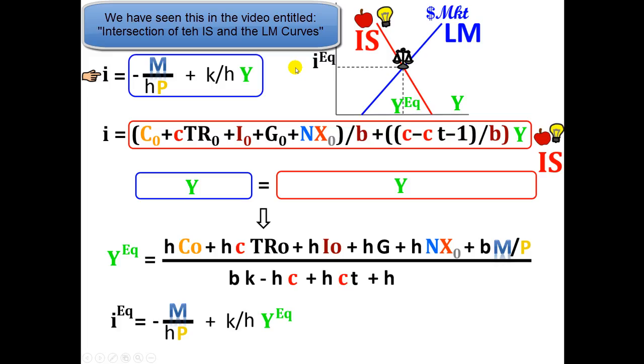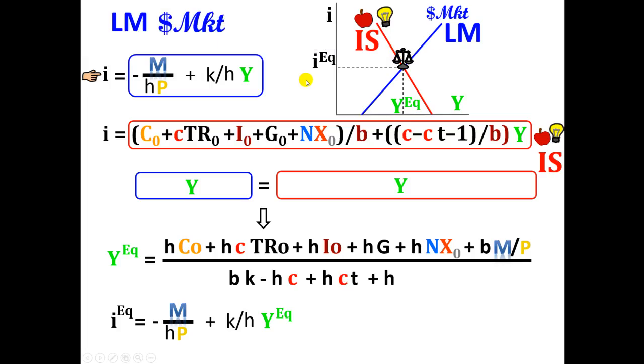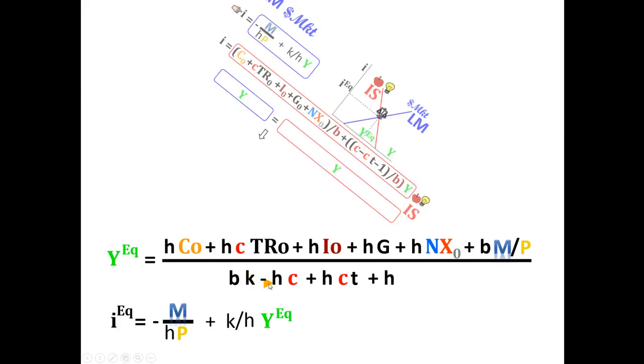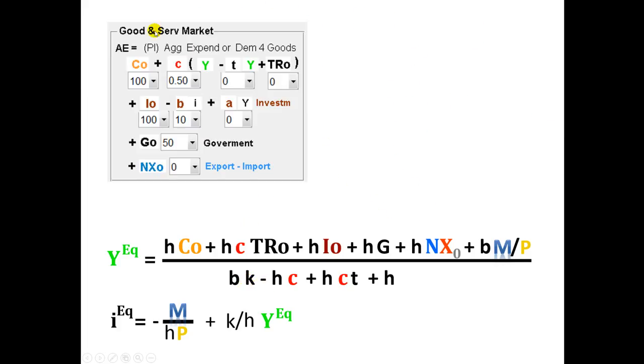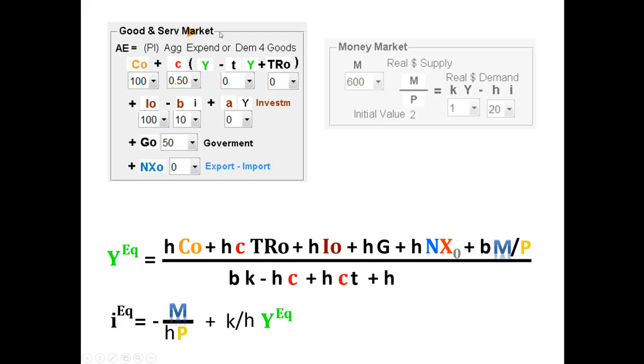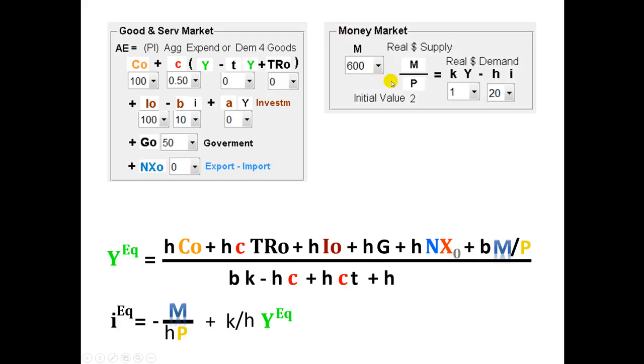We have already seen this in the video entitled Intersection between the IS curve and the LM curve. What we want to do in this video is to see this with numbers. So we use the goods and services market panel, and we have to use the money market panel as well, because here you have information from both markets. If you plug in this information and this information here, then what you are going to get is 8,000 divided by 20, which is this, and this is 400.